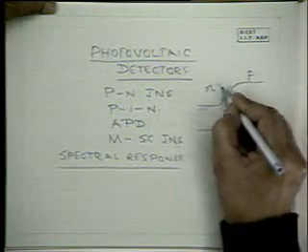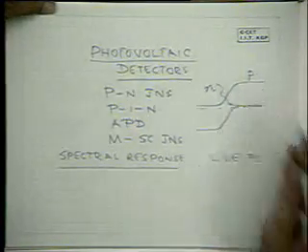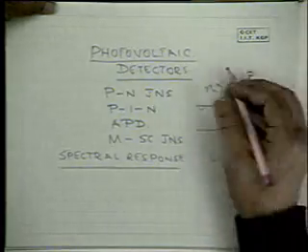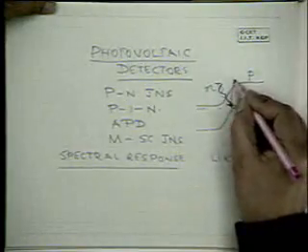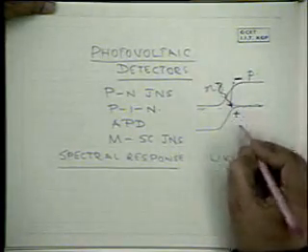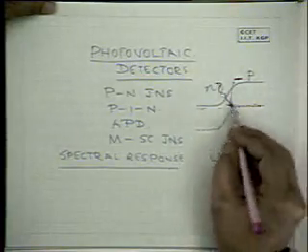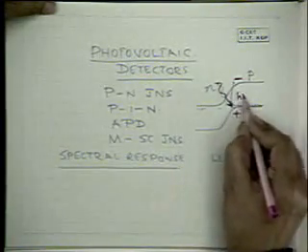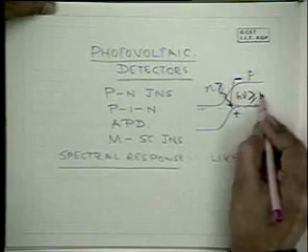The spectral response depends upon light coming and exciting electron hole pairs. So again, the relation is that h nu must be equal to or greater than Eg.